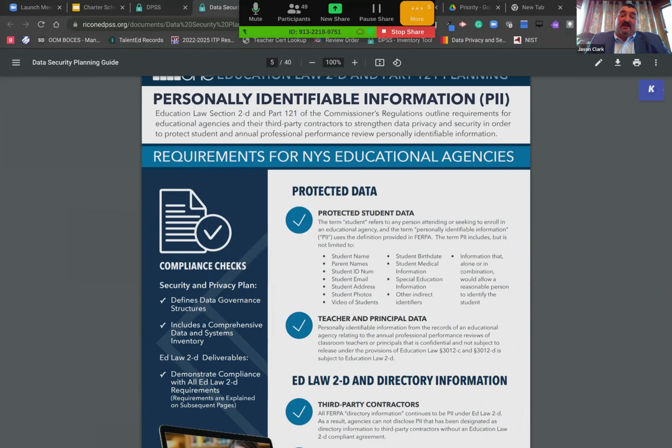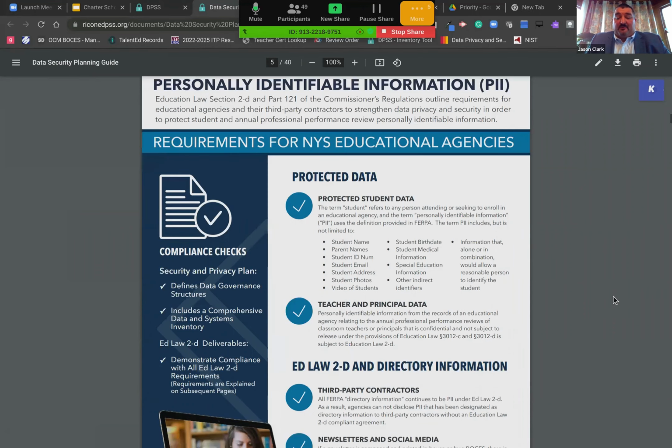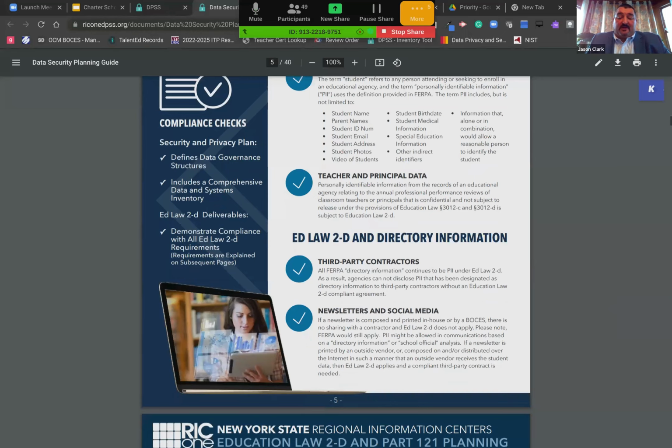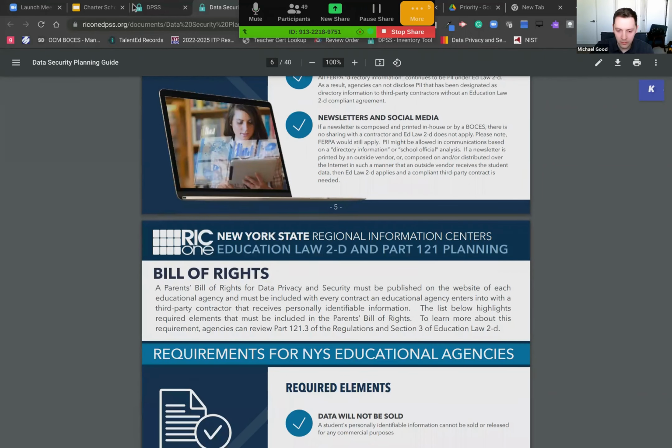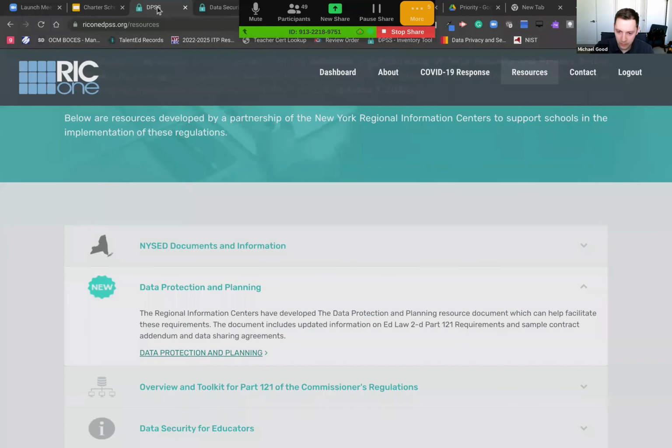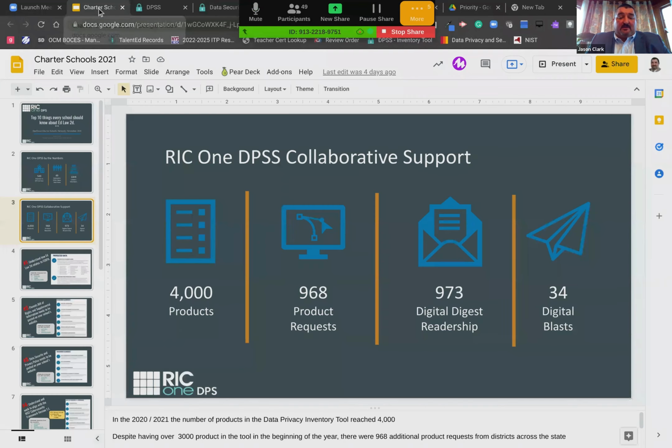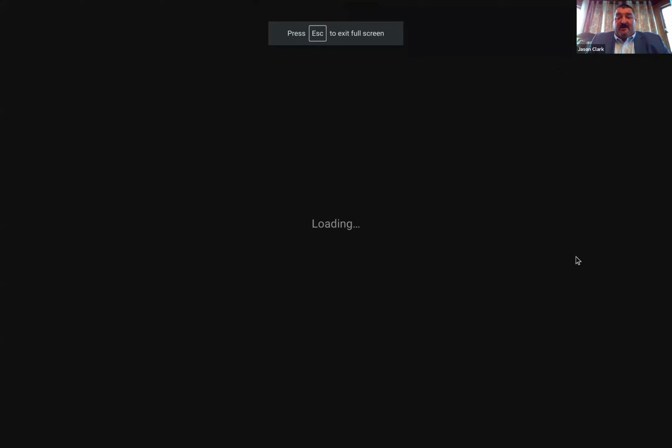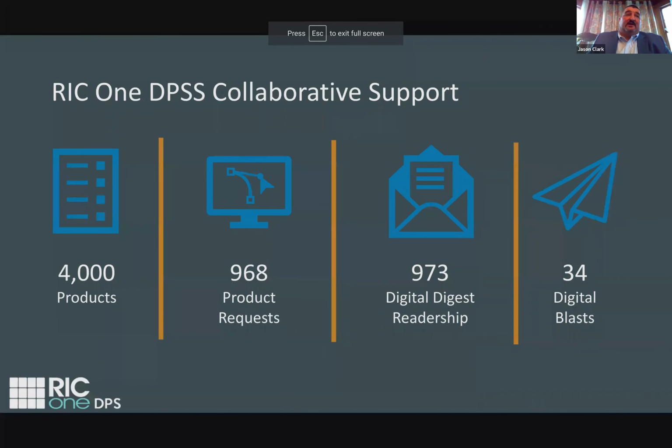So yeah, this document really walks you through the different parts of the law. EdLaw 2D is something that has been in place for a number of years. It originally was brought to the forefront to really focus on protecting student information.